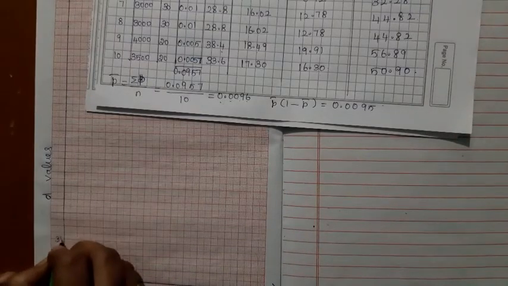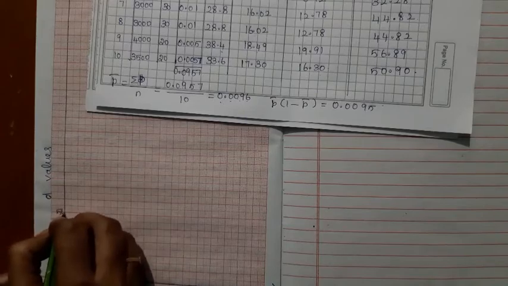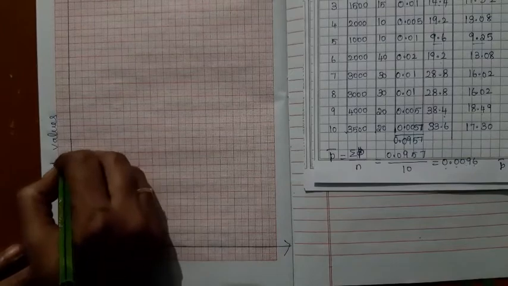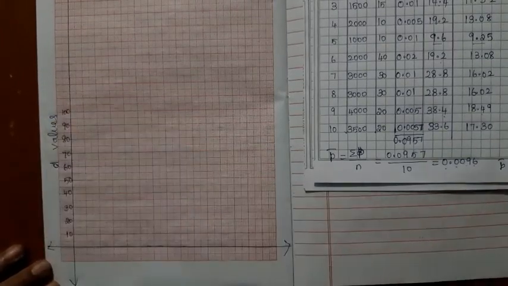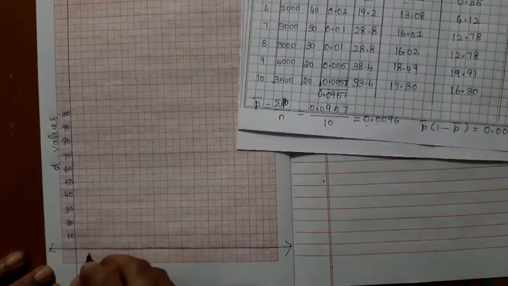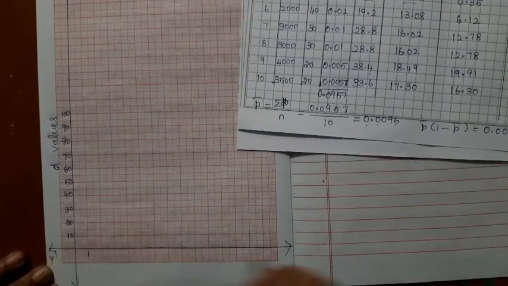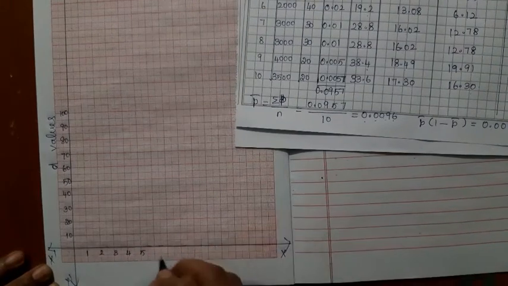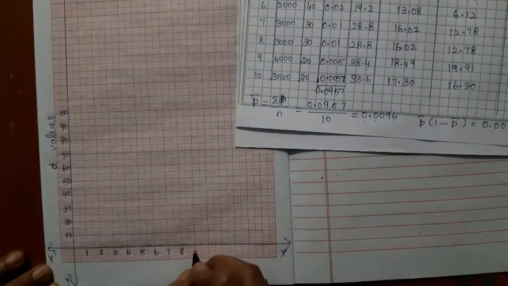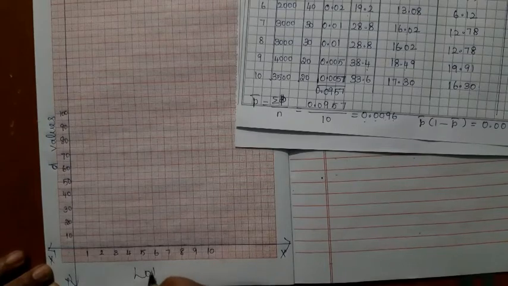So let me take a scale like this, 10 units will do for me. First, let me plot the number of lots. The number of lots is 10.